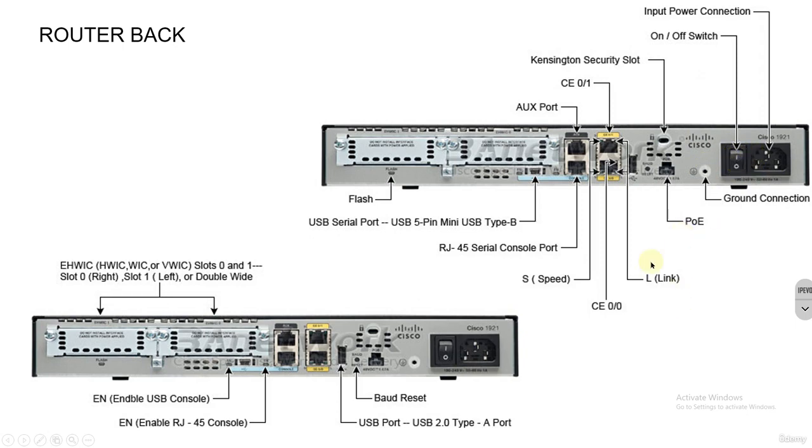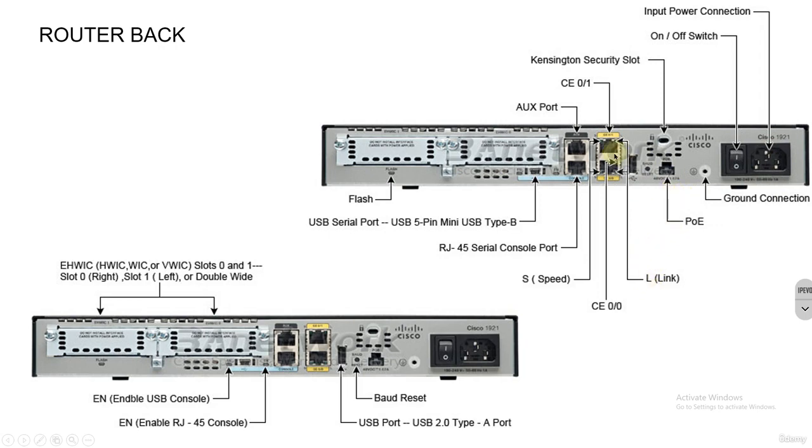Then we have some other new capabilities like power over Ethernet. We can use power over Ethernet in the routers as well, so instead of using these power connections, we can use power over Ethernet directly.